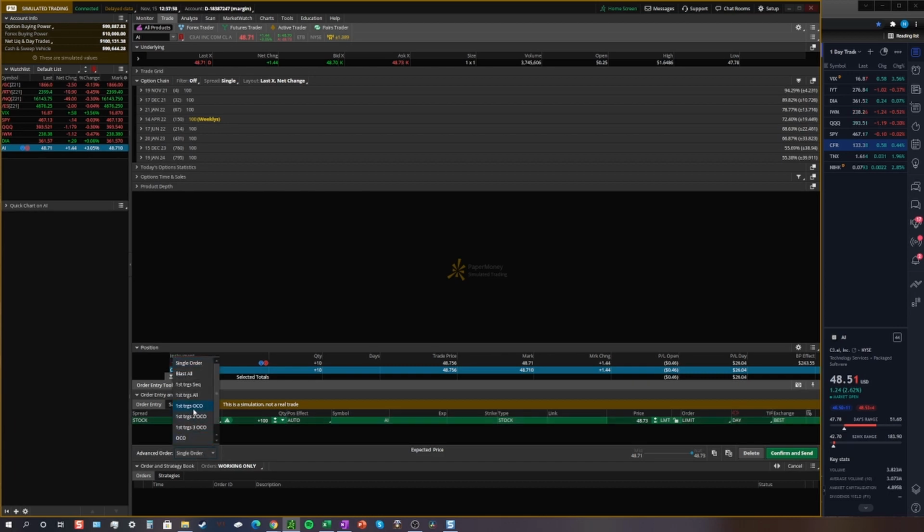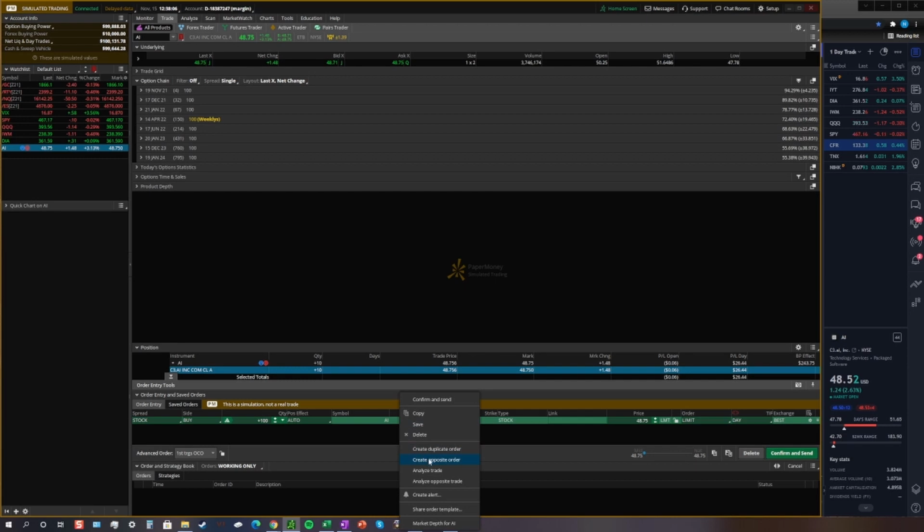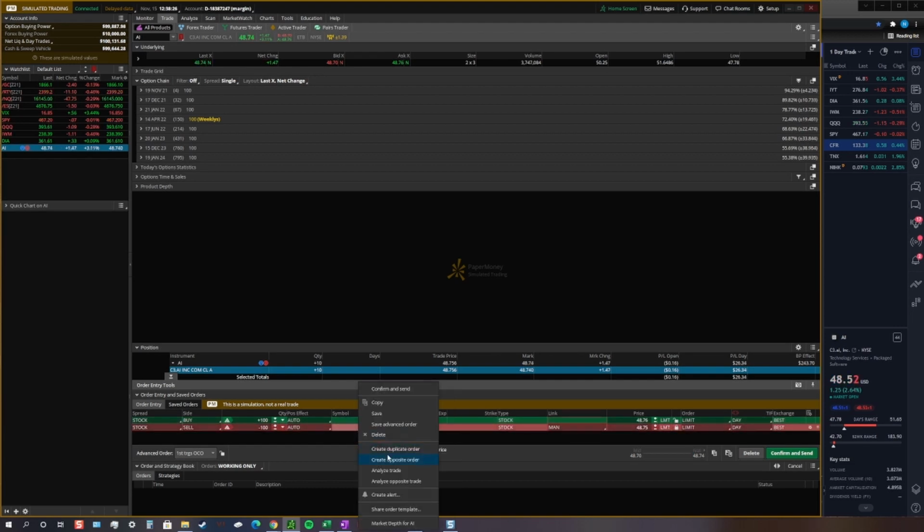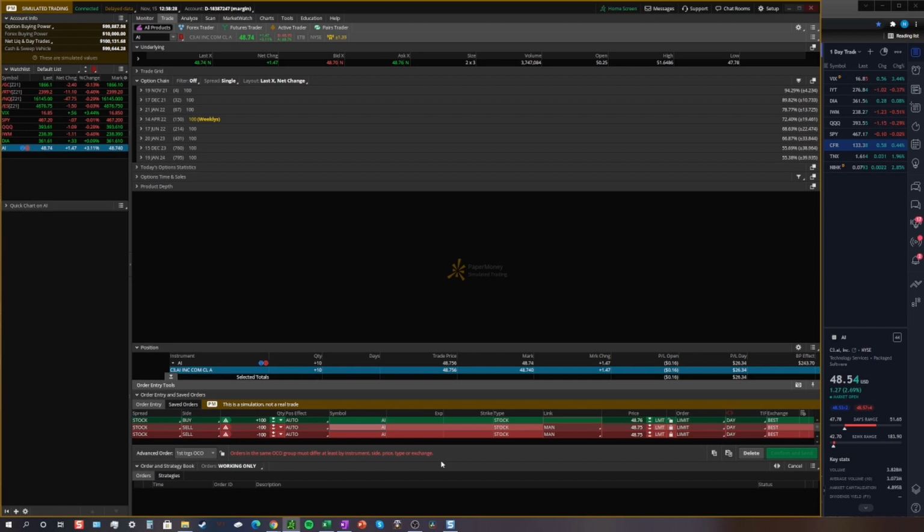But if you open this and open first triggers OCO, this is actually a really good order to do for a trade where you have an entry, a stop loss, and a take profit. When you choose first triggers OCO, you can right click on this trade and then create opposite order, and then right click and then create duplicate order.